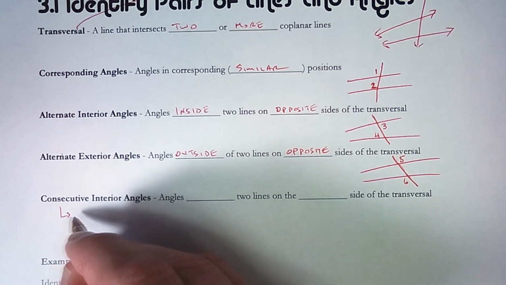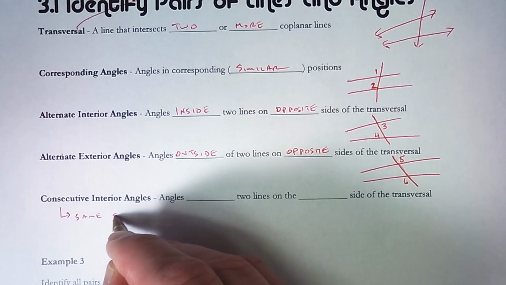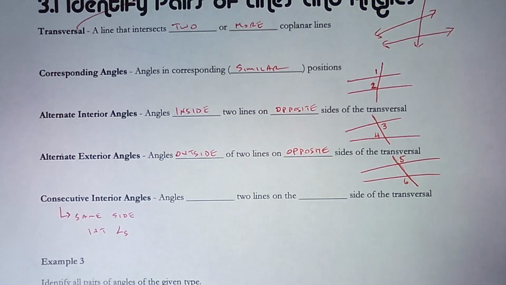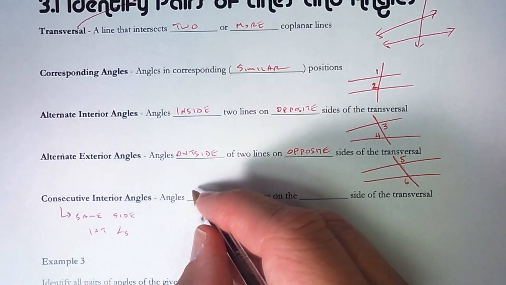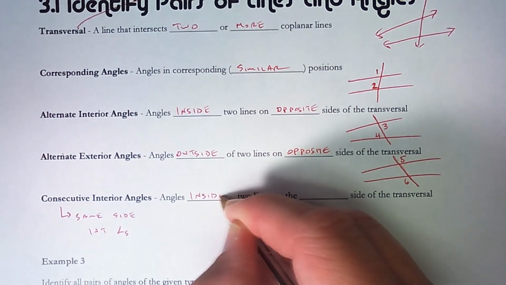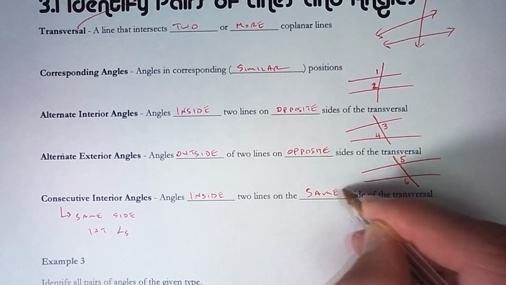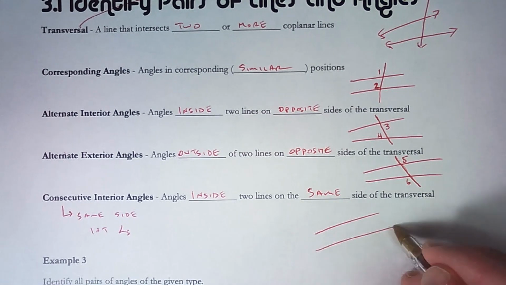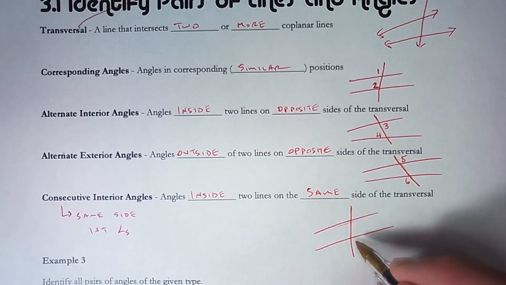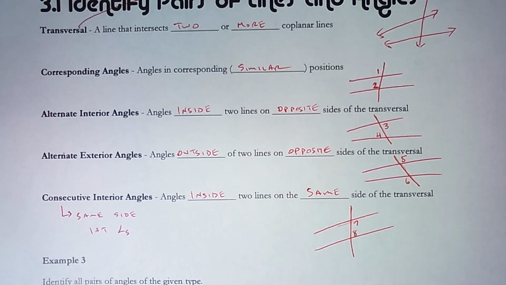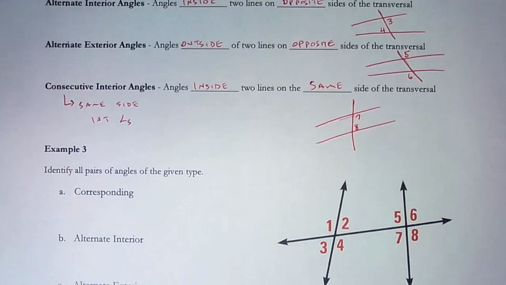Consecutive interior angles are also sometimes called same side interior angles. They are angles inside of two lines on the same side of the transversal. So here's two lines and a transversal. Angle 7 and angle 8 are on the same side of the transversal inside of the lines. Those are consecutive interior angles.